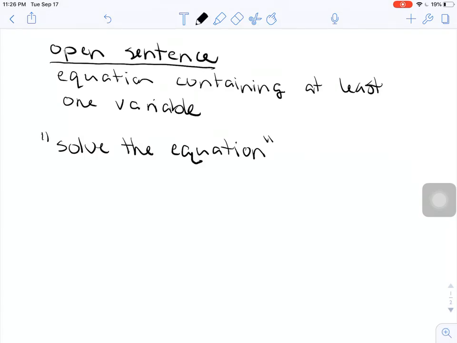So when you're asked to solve the equation, specifically what you're asked to do is to find what we call the solution, or in other words, the value of the variable that makes the equation true.